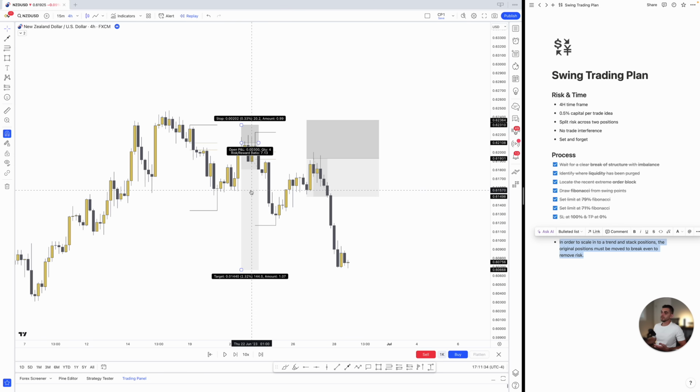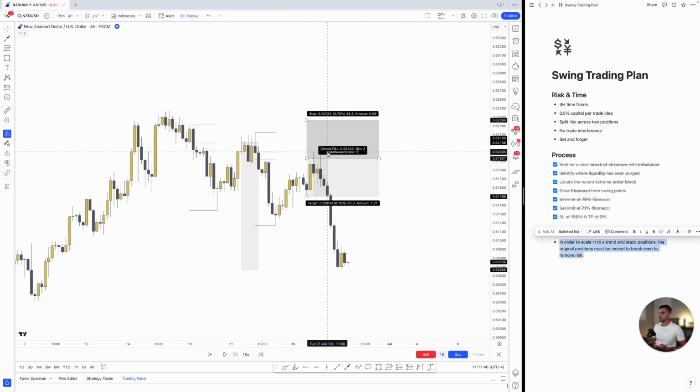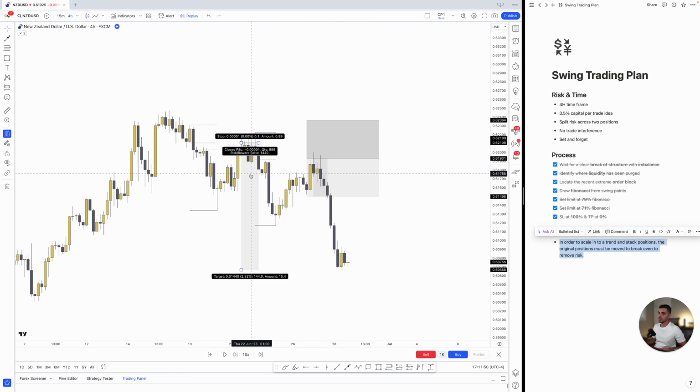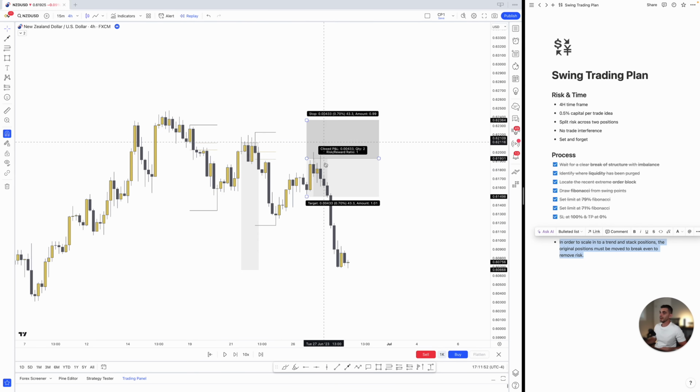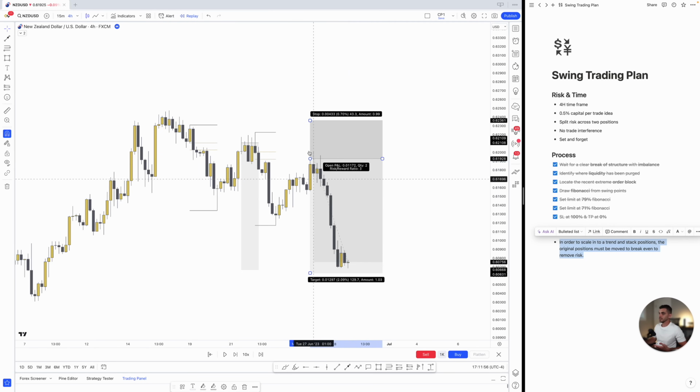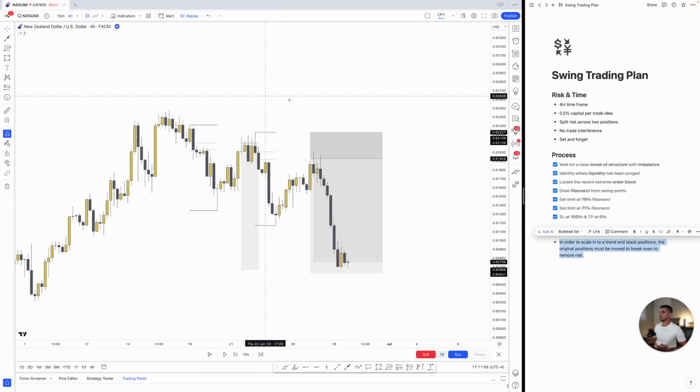If I want to scale into this trade idea, all I would do in this case is move my stop loss to break even so that the risk is eliminated from this trade, and then stack in 2 more positions here so that I'm basically diverting my risk into new positions, right? The risk was eliminated from here, and I'm back to risking 0.5% total on this trade here, and targeting wherever, stop loss just above here.